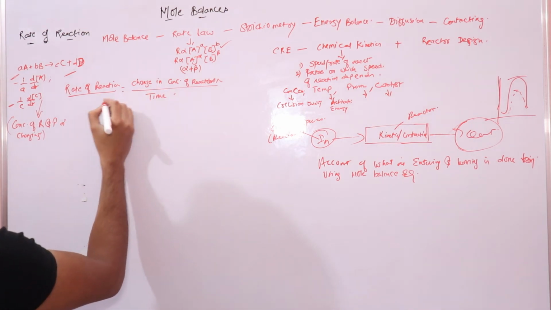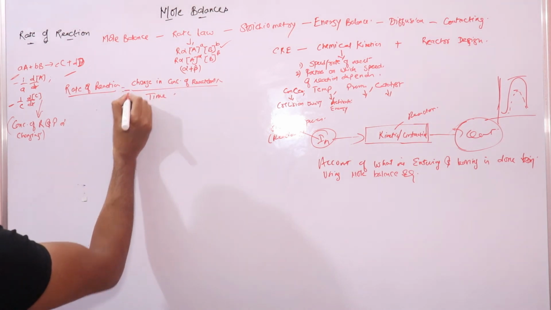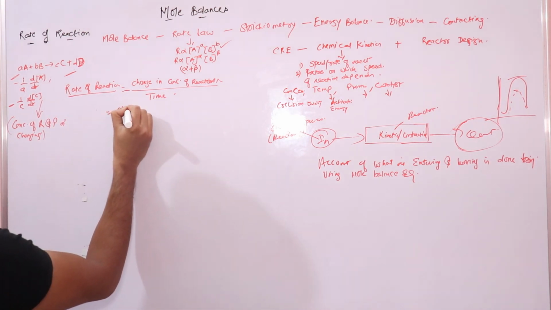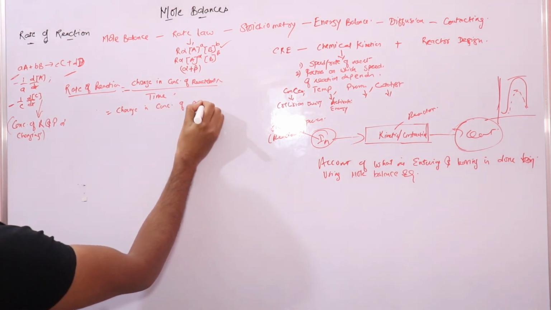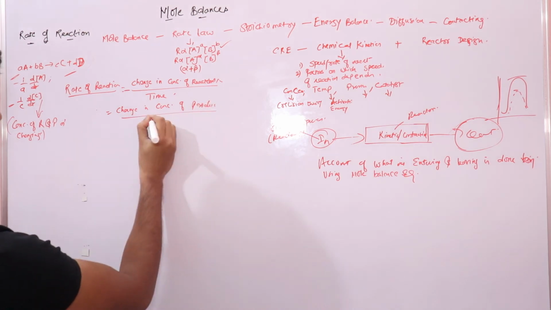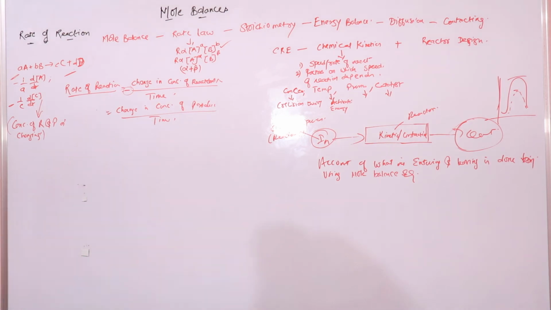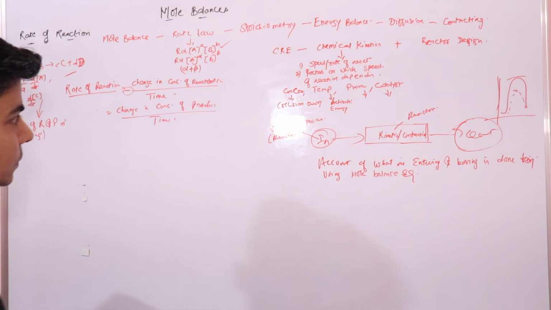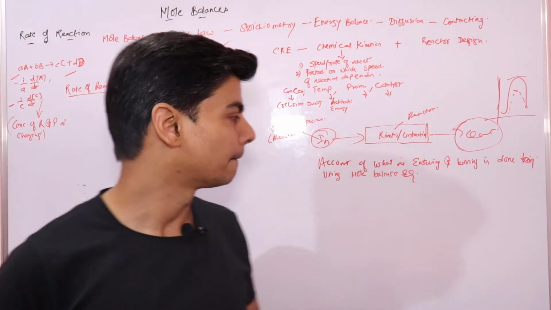If you are talking about reactants, you put a minus sign here. If you want to define the rate of reaction in terms of products, it is the change in concentration of products divided by time. You have a negative sign for reactants because their concentration goes down with time. This is what we have studied in our school chemistry.